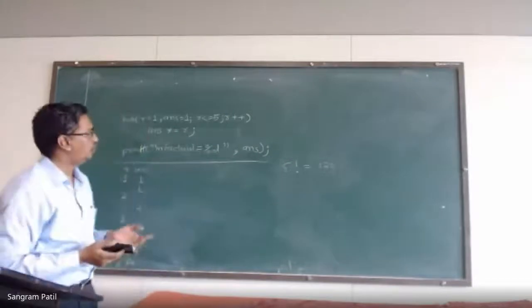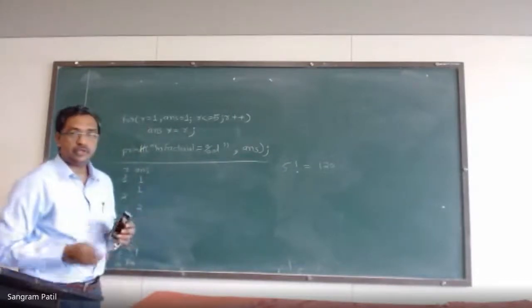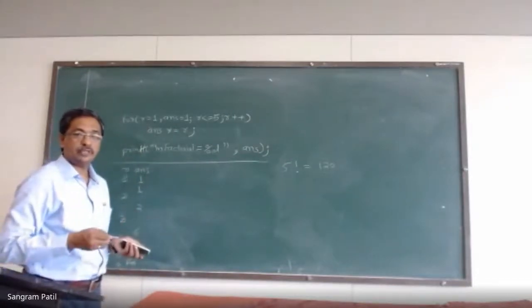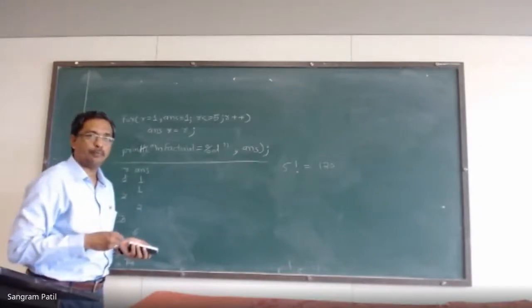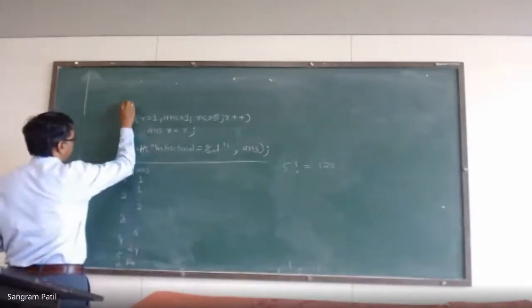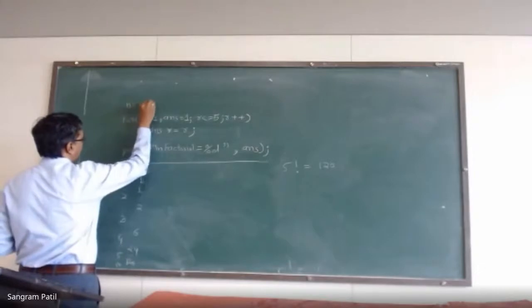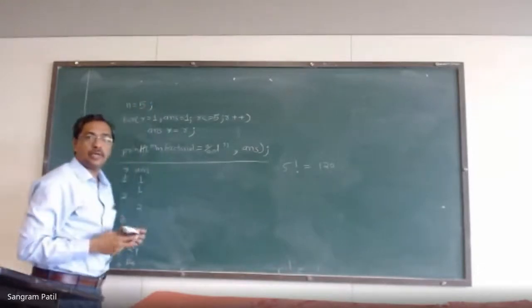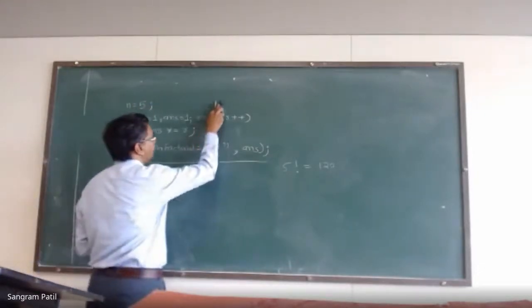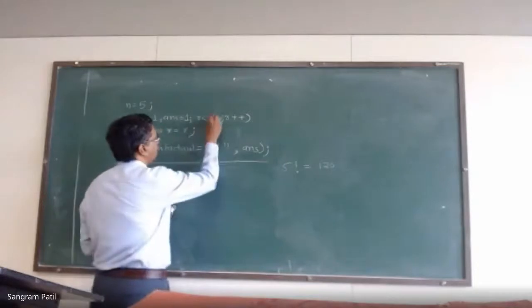Now check here what new changes I am doing in the for loop. Now I am doing here n is equal to 5, okay, and instead of this 5, I am using here n.